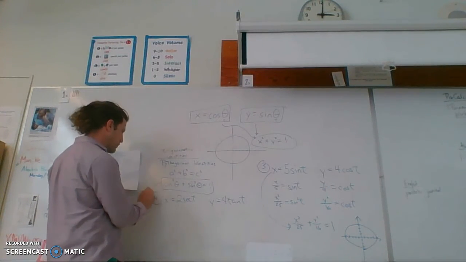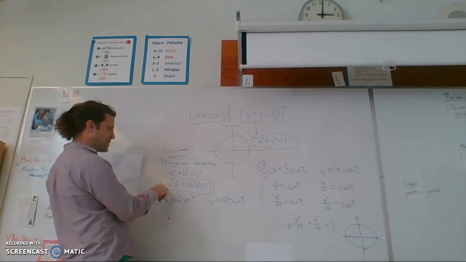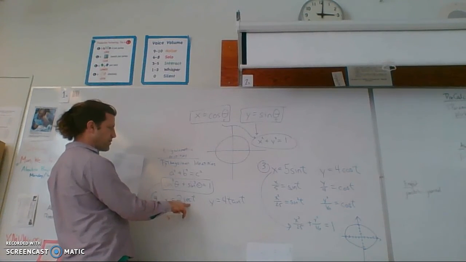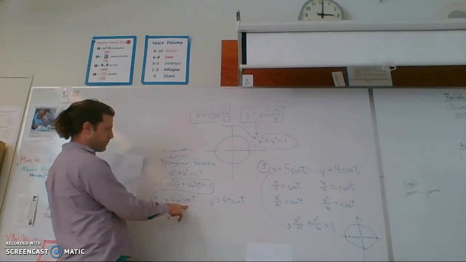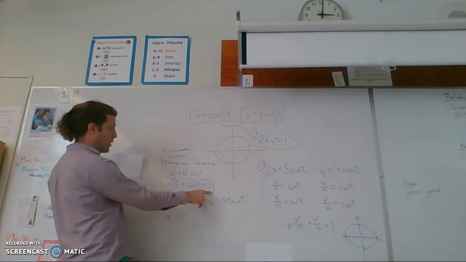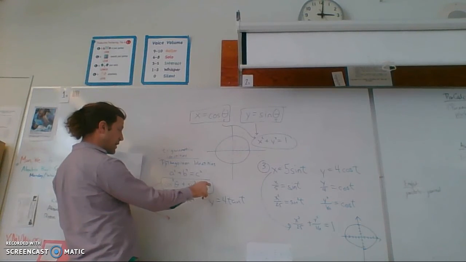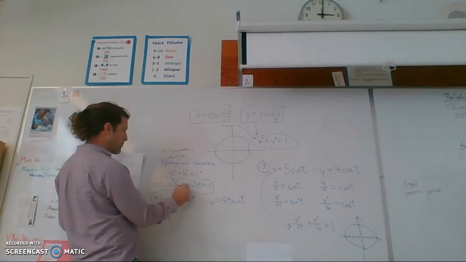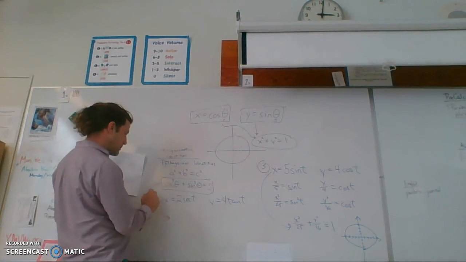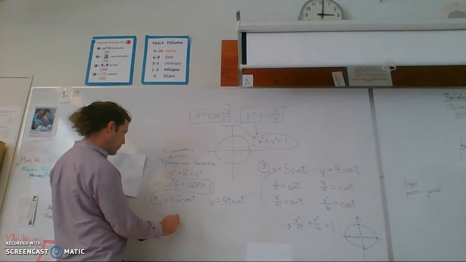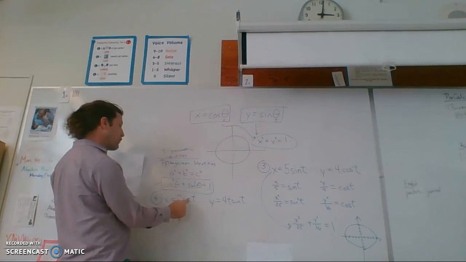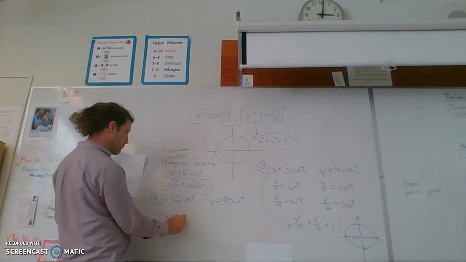If I want to turn this into something with secant and tan in it, well, the reciprocal of secant is cosine, so if I divide 1 by cosine, I'll get secant.